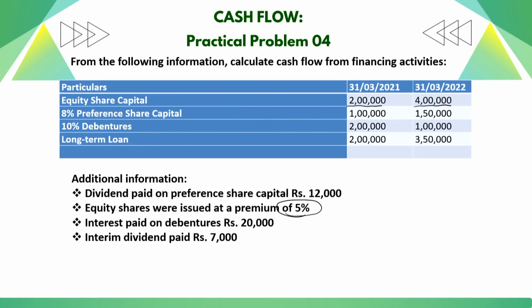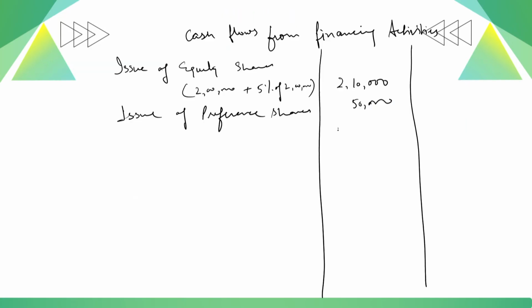So, we are moving to another point which can be added is the long term loans from 2 lakh to 3,50,000, showing an increase of 1,50,000. So, we have raised it in the market. So, we will put raising of long term loans. So, this is all the items we have to add up.